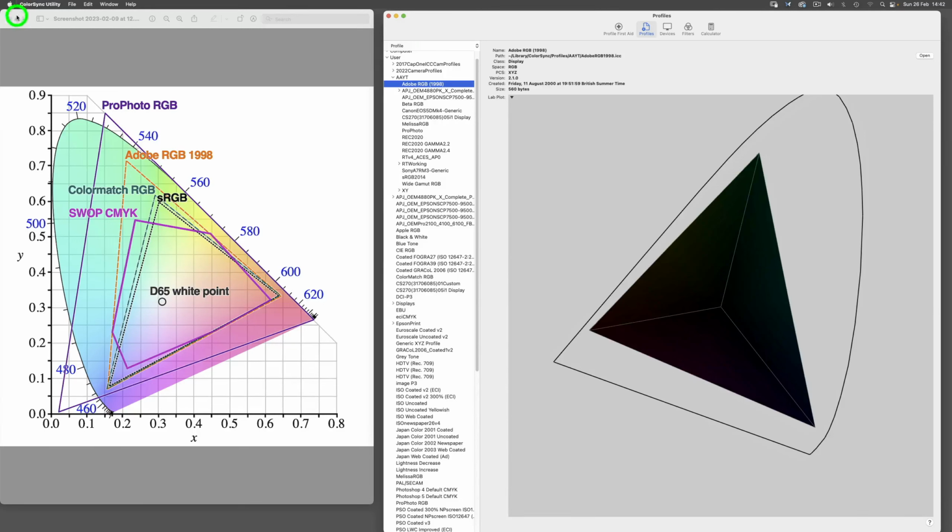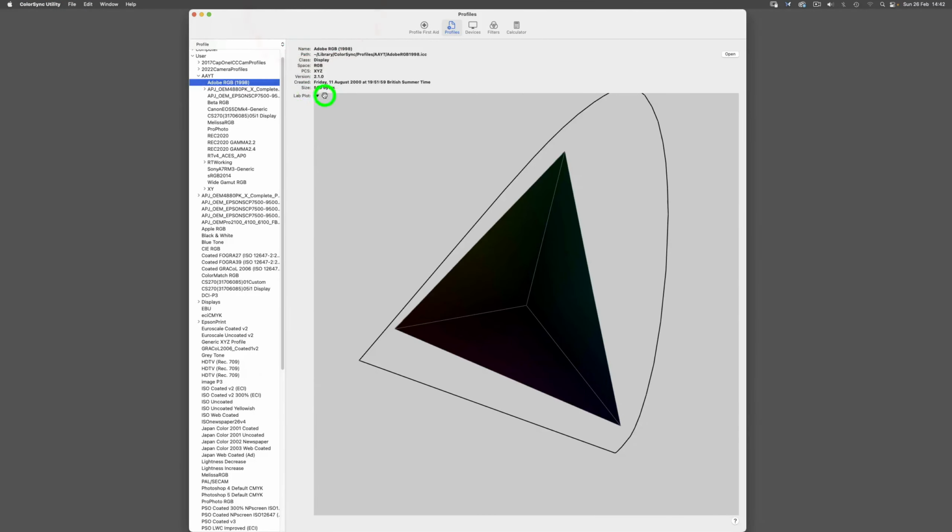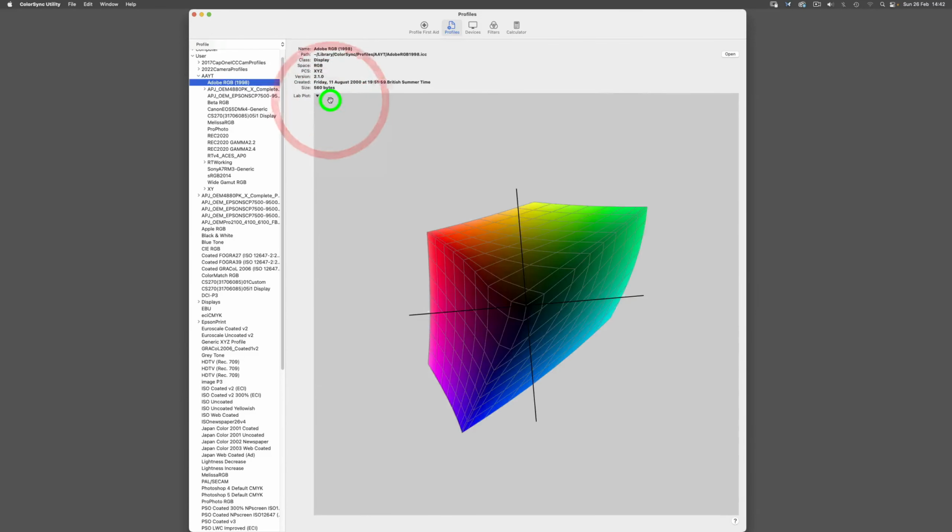So I'm going to minimize that, bring this back out, switch back over to lab projection to get rid of the spectrum locus, and I am going to first of all talk about output colour spaces for those of you who are into an archival workflow like I am in most cases.